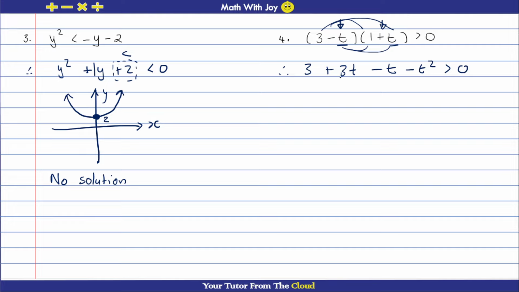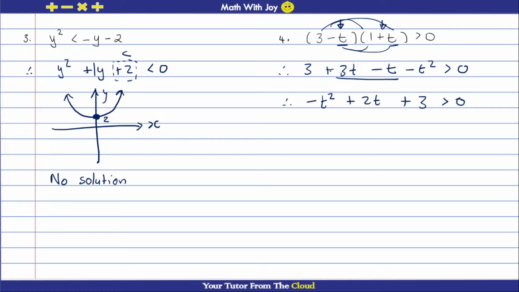Then let's simplify these and write it in standard form. So we have minus t squared, which comes first. This 3 minus 1 gives us a positive 2t. And then we're going to have a positive 3, bigger than 0. Now, do you see the problem is that the a value is negative?